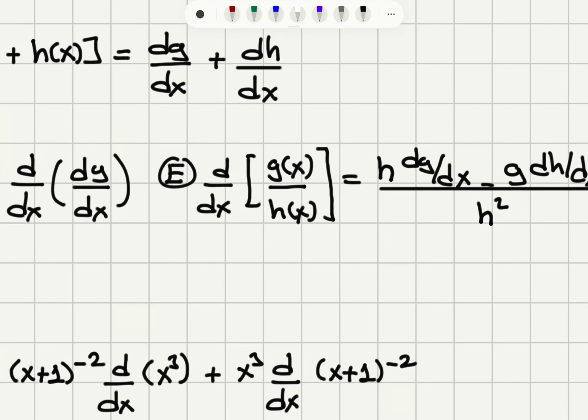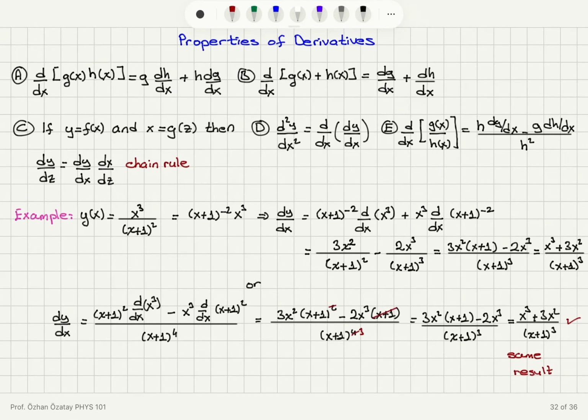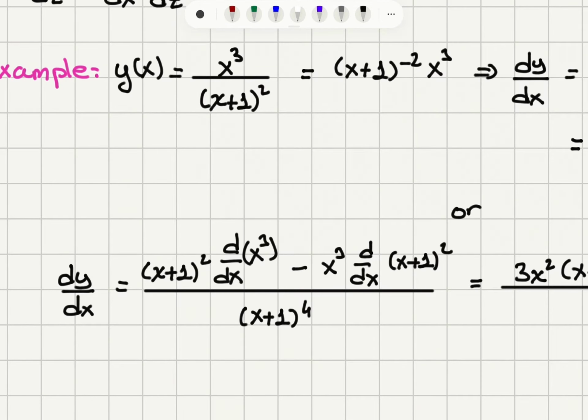Alternatively, I can use the rule for the ratio of two functions. First, I take the derivative of the top, d/dx of x cubed, multiplied by the bottom, (x plus 1) squared, minus the top left alone times the derivative of the bottom with respect to x, and divided by the bottom squared, (x plus 1) to the fourth power.